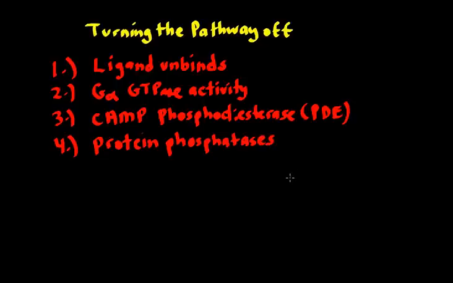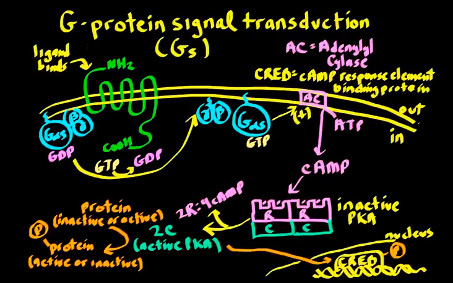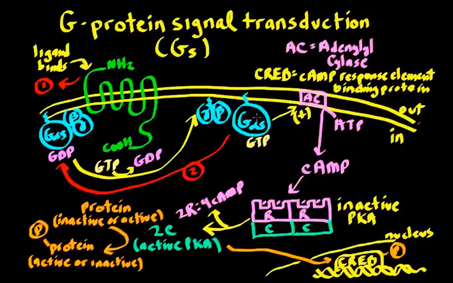Now, we can go back to our diagram and put in these different numbers. Remember we said you can have the ligand unbind, right? That was the first mechanism. We can have intrinsic GTPase activity that cleaves the GTP back to GDP and reforms that heterotrimeric complex.